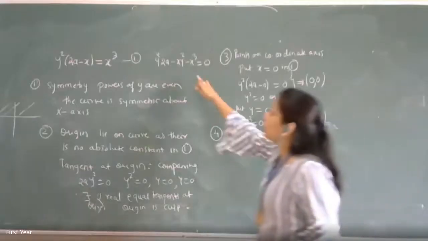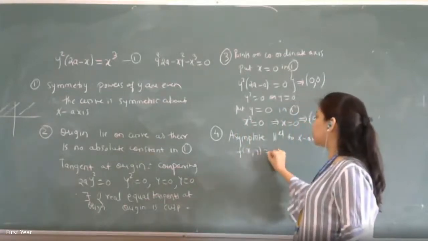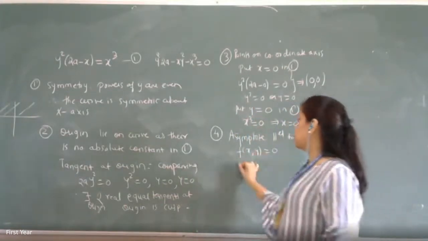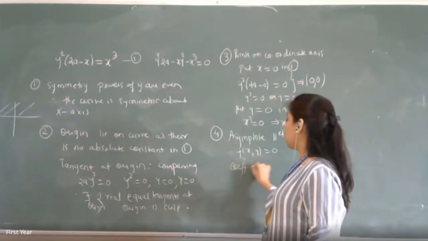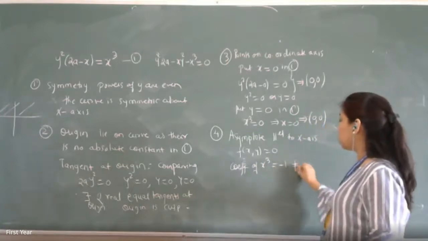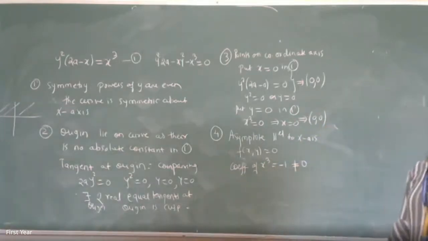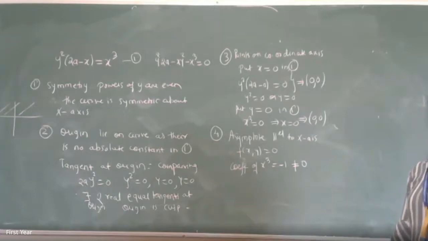Absolutely. You are writing in the form f of x comma y is equal to 0, and then the coefficient of x cube is minus 1, which cannot be 0. Can minus 1 be 0?